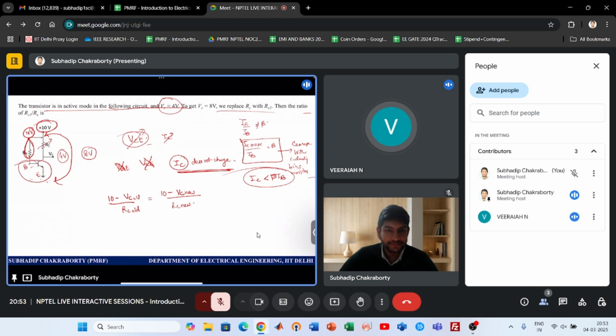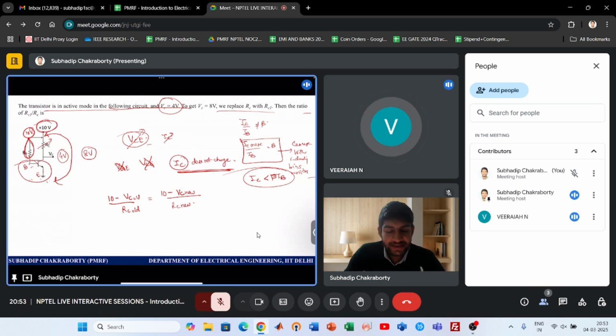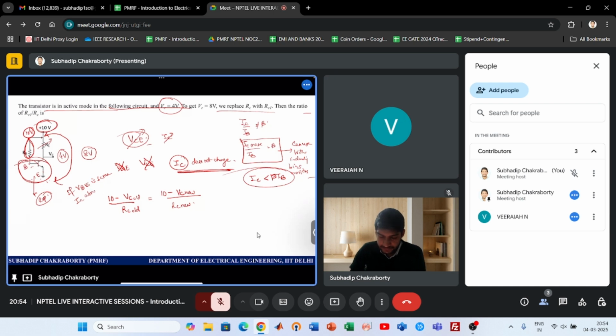Because the base-emitter is not changed. I told you VCE has a very small impact on IC, but VBE has a larger impact, an exponential relation. So if VBE is not changing, IC is almost the same. You can assume that.